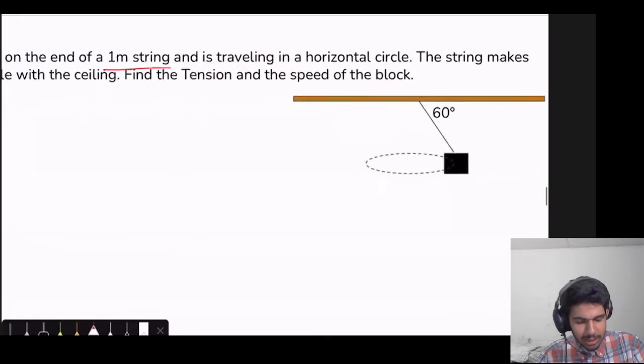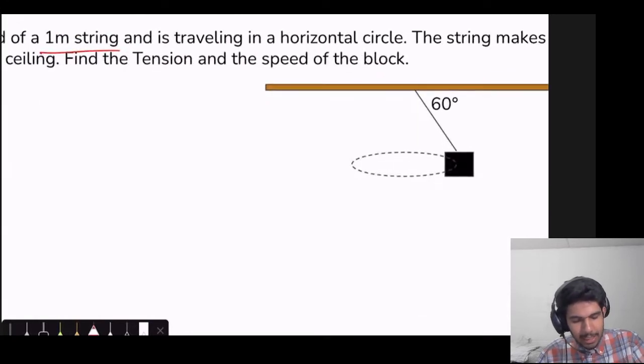But what's going on here is that the string isn't the radius. If the string were the radius, the block would maybe go something like that, or something different. The actual radius is this, from the center of the circle to the block that's tracing out that path.